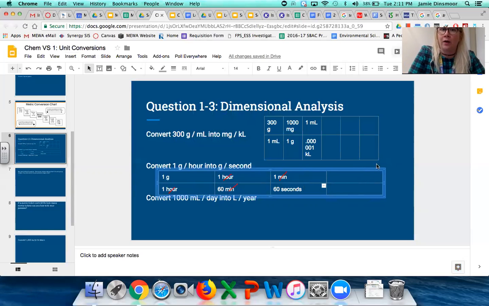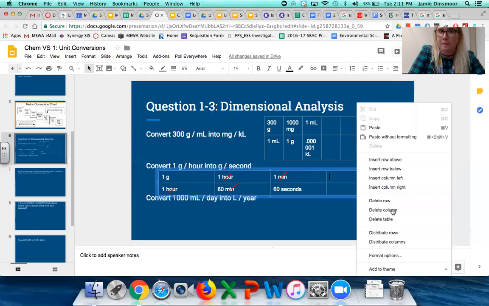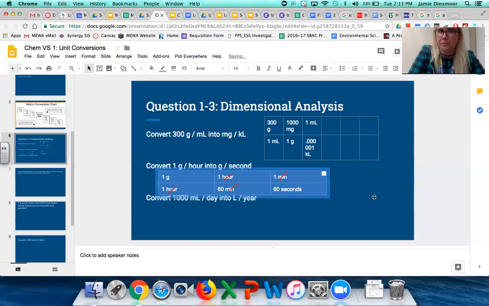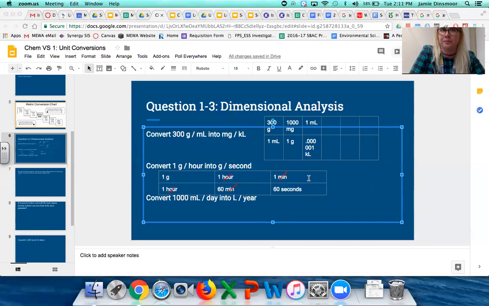And we get that our answer is 0.00027 grams per second.